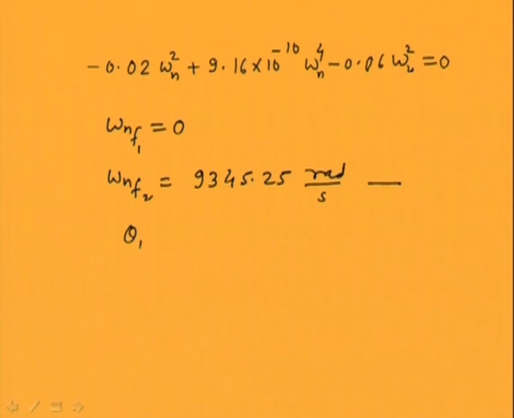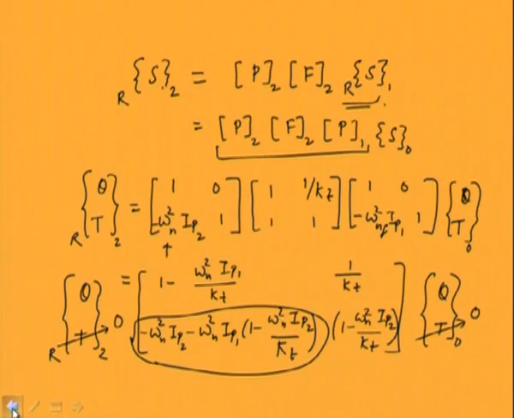That means for first natural frequency, this will come, and this we are able to find out from the previous expression, the same expression. You can substitute in this equation, the whole equation, omega n is equal to 0. So you can see that theta, which is right of 2, will come equal to theta naught.